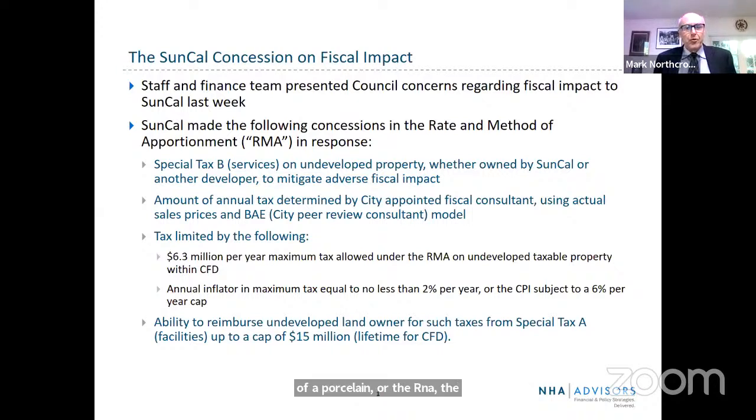The one proposed for Point Melati has two types of taxes: a services tax to fund municipal services, as well as a facilities tax.